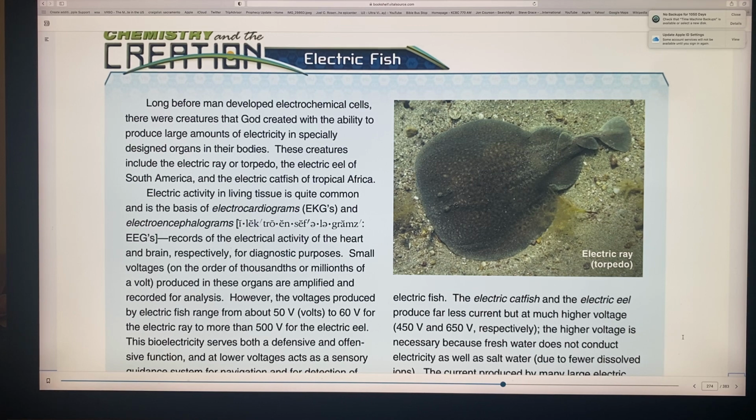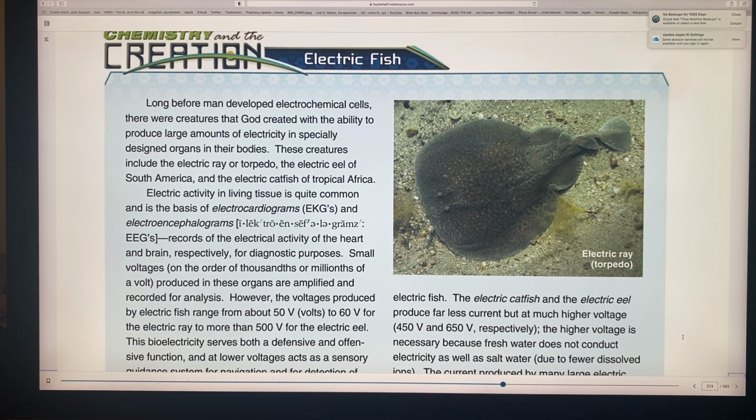Such fish, which are basically aquatic, are electric rays, which are torpedo rays, electric eels, mainly in South America, and electric catfish.